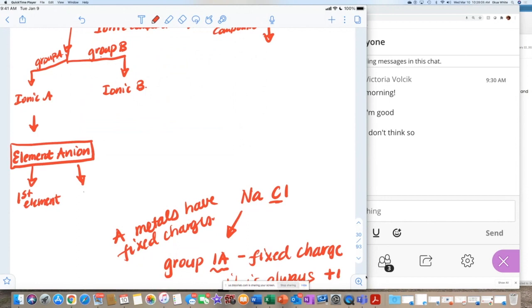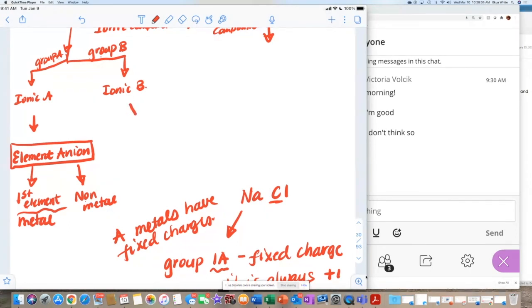Now, the anion usually has the format either stem-ide or stem-ate, okay? But just remember, the second element could be many of them. This is the non-metal part. The first element usually is the metal part, right? Is named as an element. The anion is the non-metal portion.